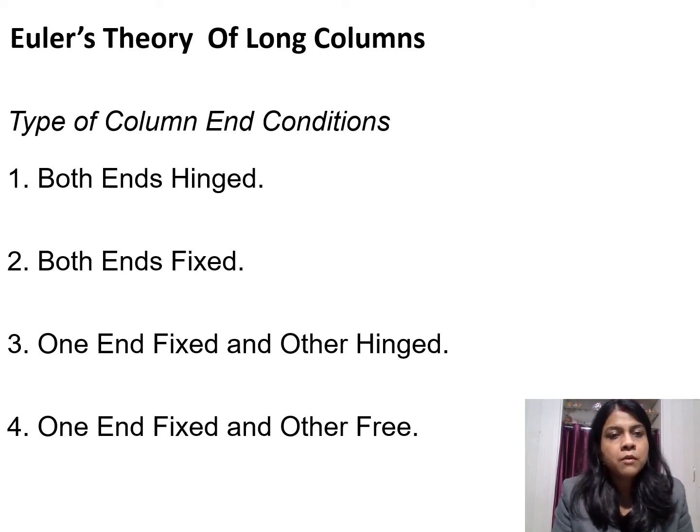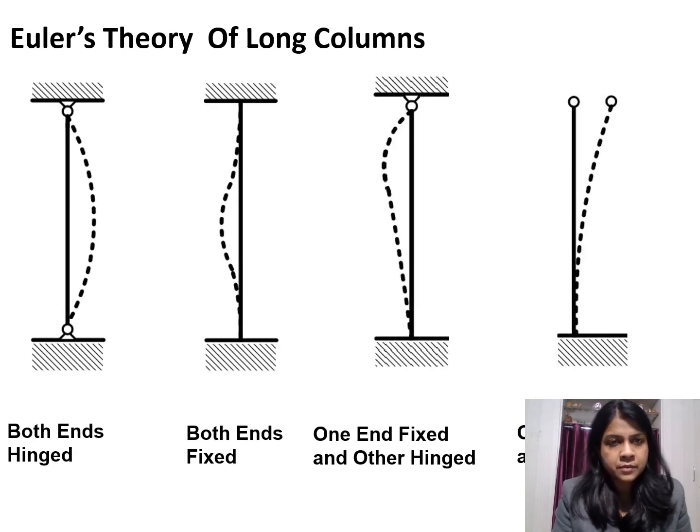To derive the formula of buckling or crippling load, we should know the 4 conditions he has assumed. What are those? Both ends of a column are hinged. Another condition is when both ends of a column are fixed. Then one end fixed and the other end hinged. And one end fixed and the other end free. We can see the pictures here. This is type 1, where both ends of the column are hinged.